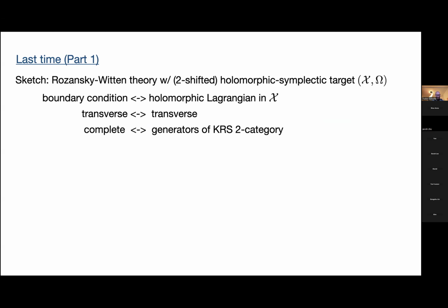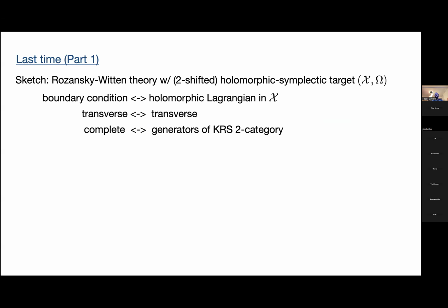There's been a great deal of work since the 90s that defines the actual two-category in this example. Who defined the actual two-category? In limited cases, Kapustin, Rozansky, and Saulina did. It's physics, and I believe they defined it, but it's not really mathematical.